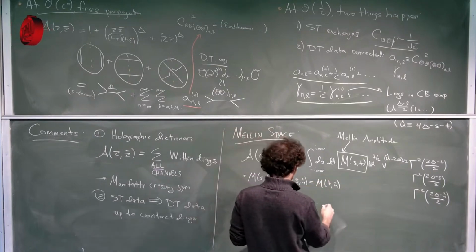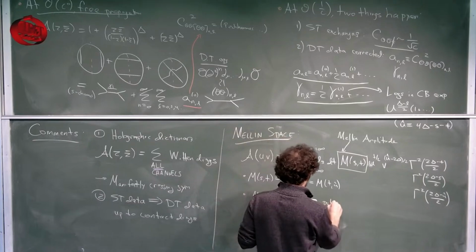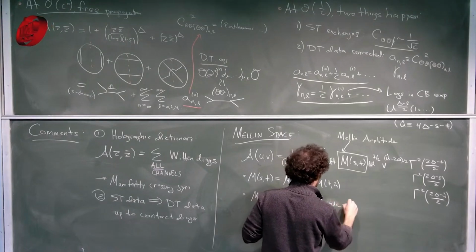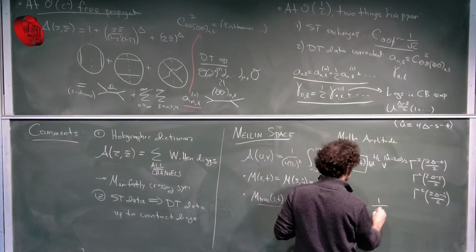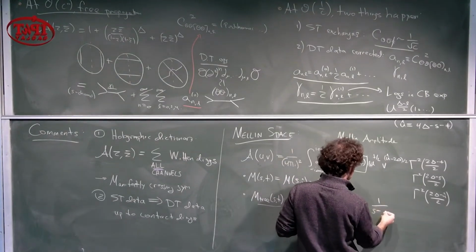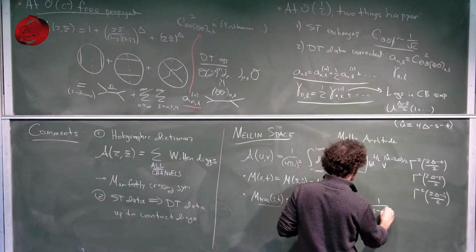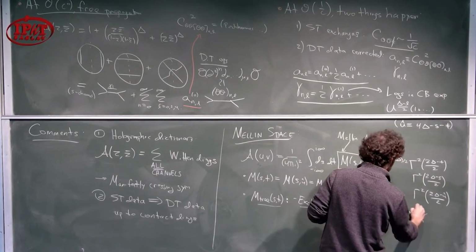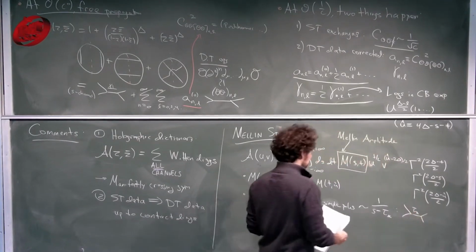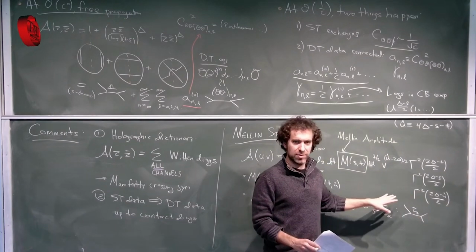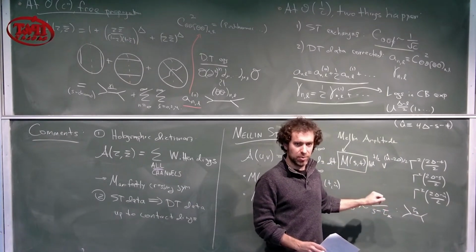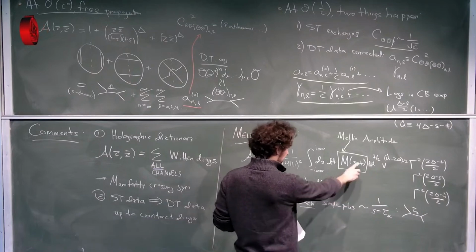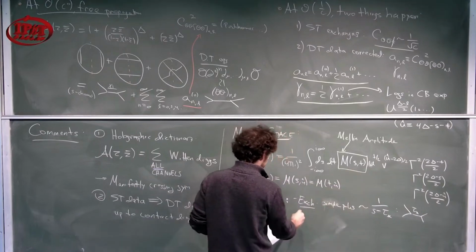So this gives simple poles, like say in the S channel, 1 over S minus some tau star, where this would be the exchange of some operator of twist tau star, plus a bunch of satellite poles with numerators given by these so-called specialized Mack polynomials. Not important for what follows. The point is that you get poles in the Mellin amplitude M from single trace exchanges.